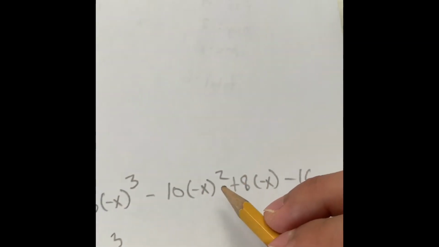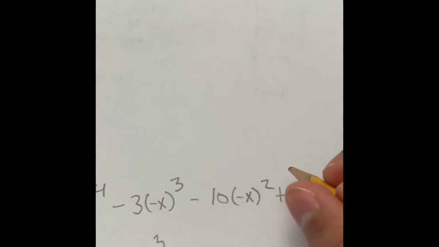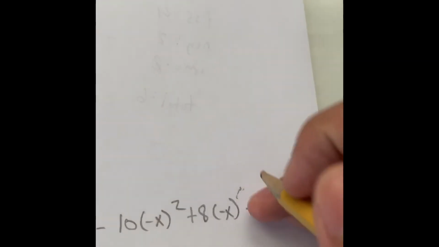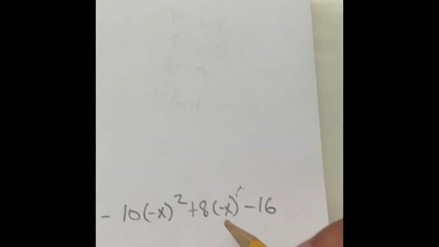Okay. Even side, it stays the same, negative 10x squared. Basically an odd sign, since it's an exponent of 1, so this too, negative 8x, it changes, it's odd. Negative 8 times negative x, that's pretty simple. And then negative 16.